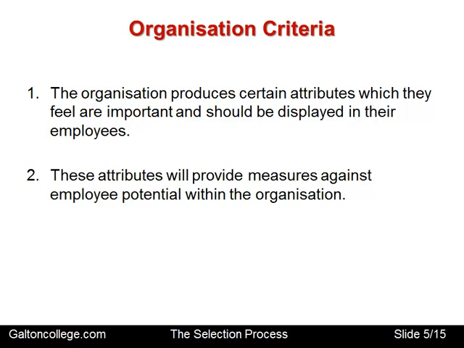If the member of staff, the worker or the employee, is in conflict with the organization, then clearly that employee does not fit in with the corporate objectives, the ambitions of the business, and there's a point of conflict between them. And it's likely that the employee will eventually leave, because the employee will be unhappy at work, will not relate to the organization or what the organization is trying to do.